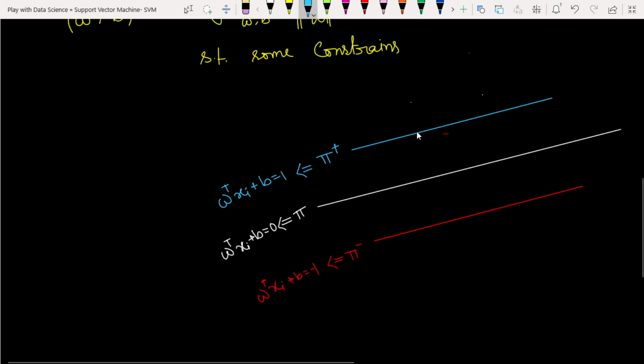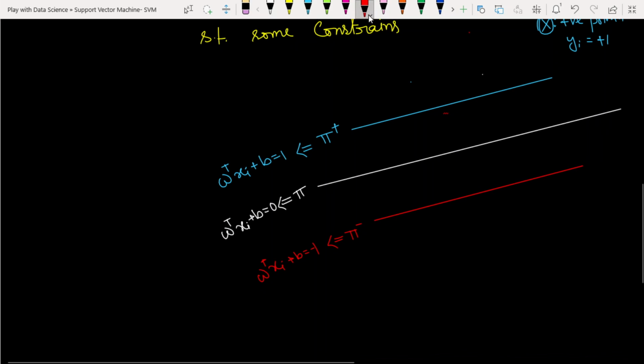Now, taking our support positive vectors, this is our blue point, these are our positive points. I'm redrawing things again, so if you are not interested, please just omit this part. Here yi equals +1, and for these we take the negative points, and here our yi equals -1.